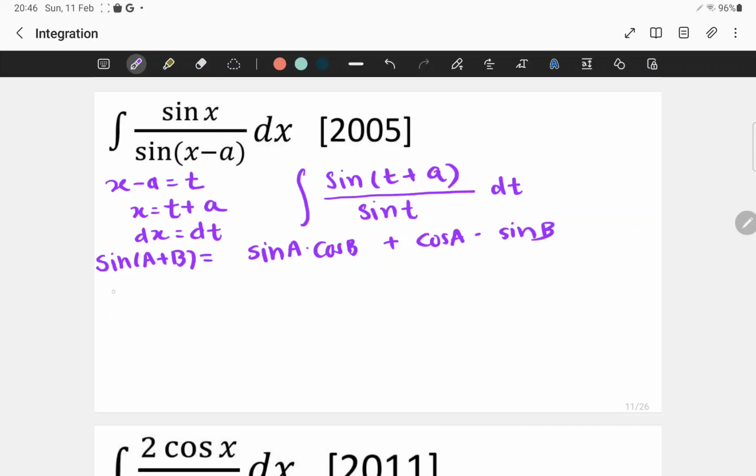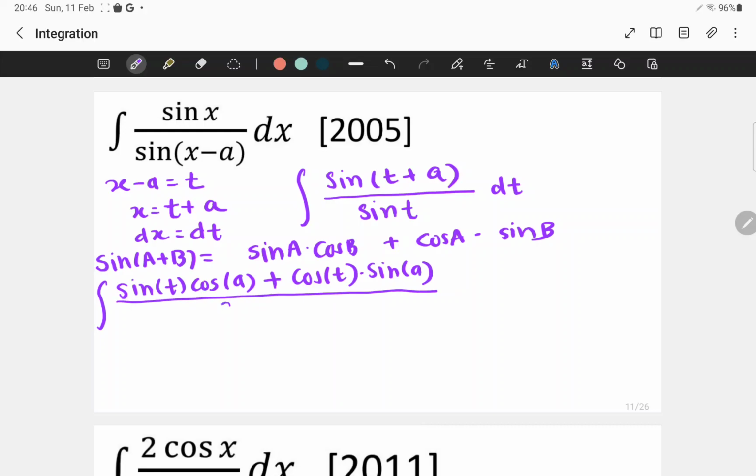So let's expand the numerator. When we divide, we know (a plus b) divided by c is a over c plus b over c. We will use the same formula.